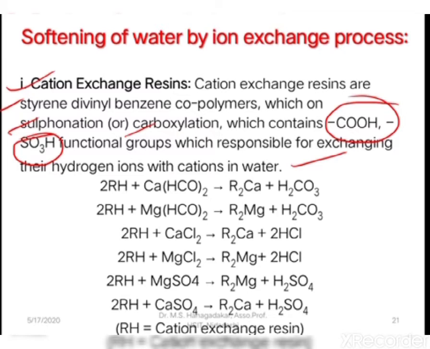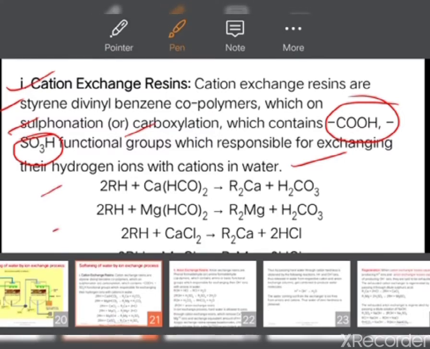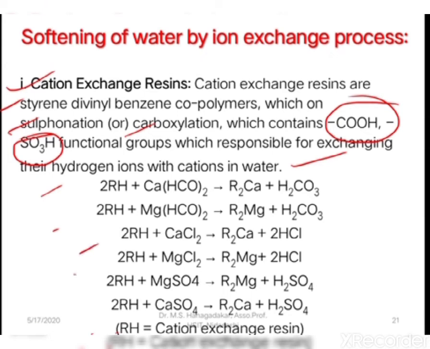Here RH signifies the cation exchange resin. When it is brought in contact with hard water, the hardness may be in the form of bicarbonate, chloride, or sulfate. This hard water, containing temporary or permanent hardness, is allowed to pass into the cation exchange resin.